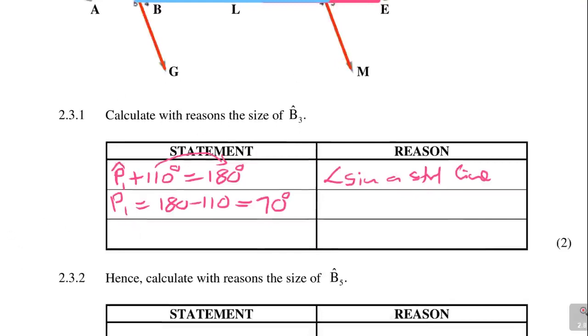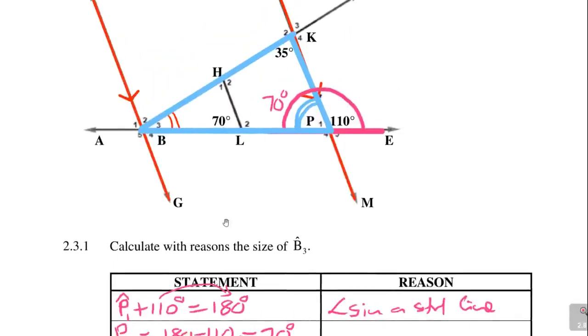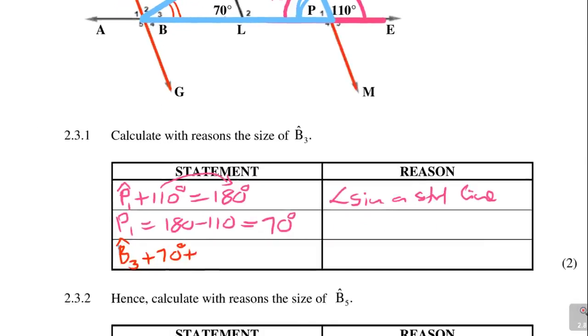So if I say angle B3 plus the 70 degrees plus 35, remember, sum of angles in a triangle. Are you seeing that? I'm using that triangle. It must give me 180 degrees. These are the sum of angles in a triangle. Are you getting that?